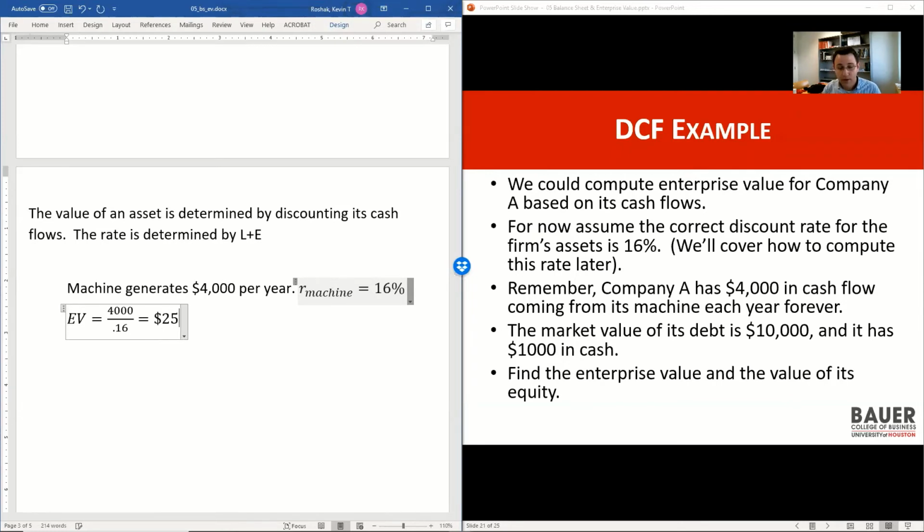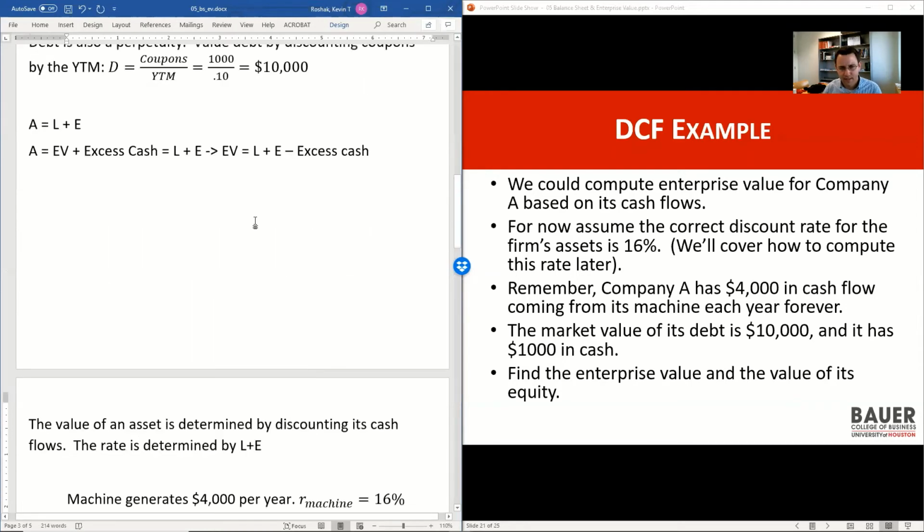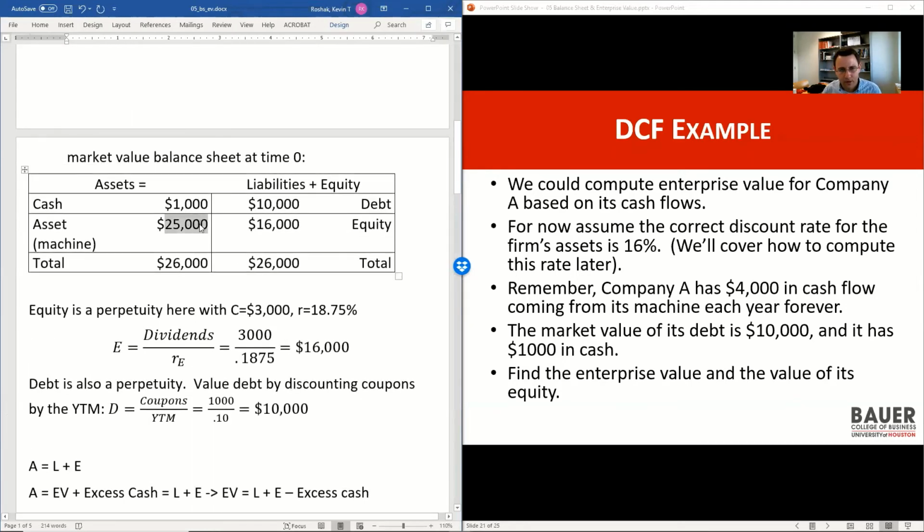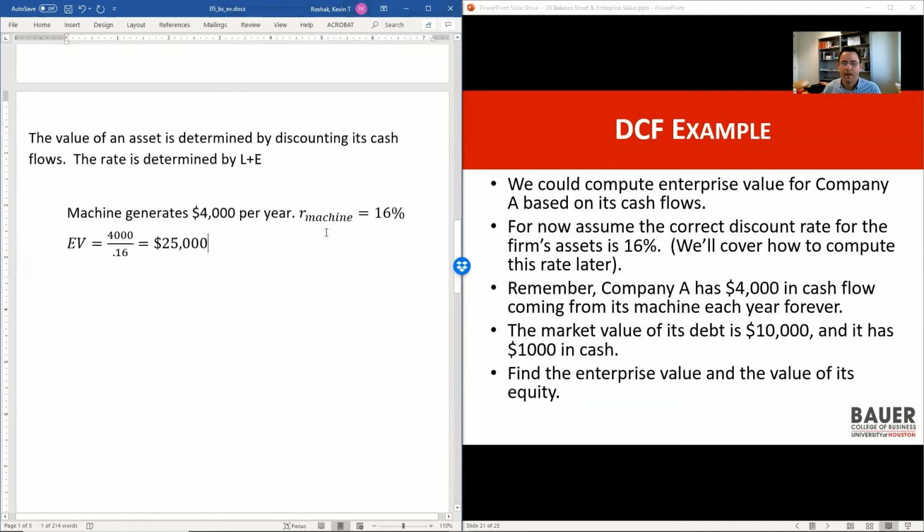So that's $25,000, right? That should look familiar. That's exactly what we got up here. Okay. Now I just pulled this 16% out of the air, so we still have to come back to where this rate is coming from. But for now, this is something you could do. If you have the cash flows and you have the discount rate, you can find the value of the assets.